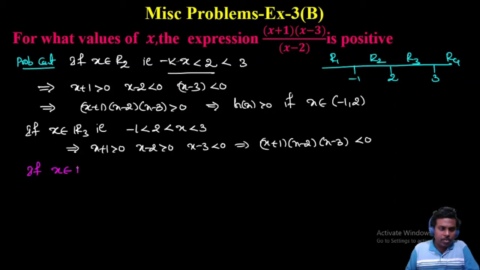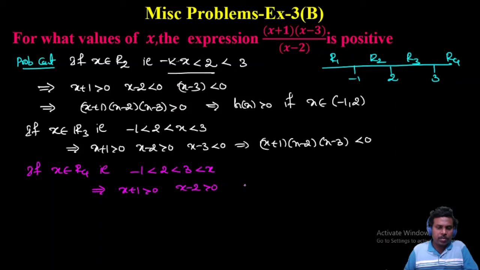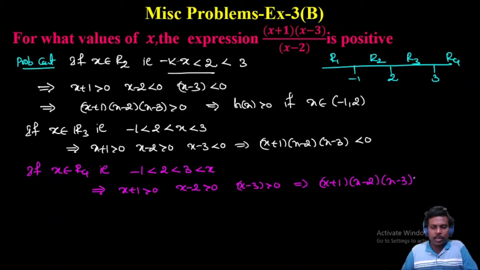if x belongs to region 4, that is -1 less than 2 less than 3 less than x, this implies x plus 1 is positive and x minus 2 is also positive and x minus 3 is also positive, implies (x plus 1) into (x minus 2) into (x minus 3) will be positive.